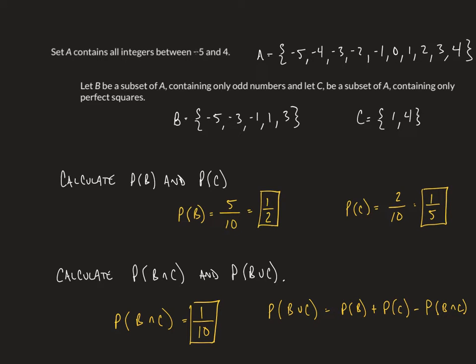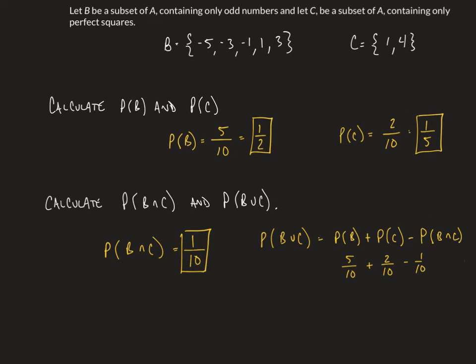The probability of an element being in B we determined to be 5/10, and the probability of an element being in C is 2/10, minus the probability of the intersection. These are all things we've calculated so far, and so that's going to leave us with 6/10 or 3/5.